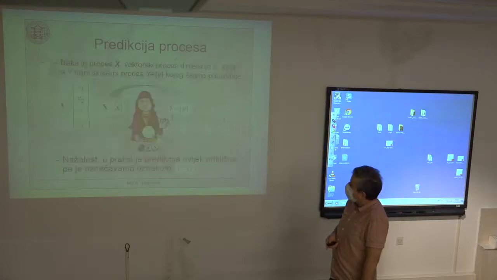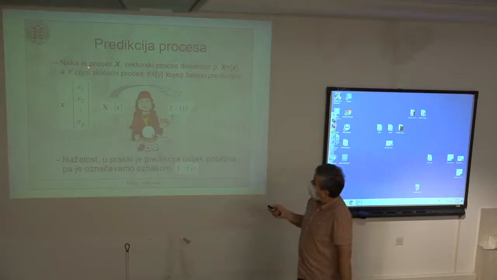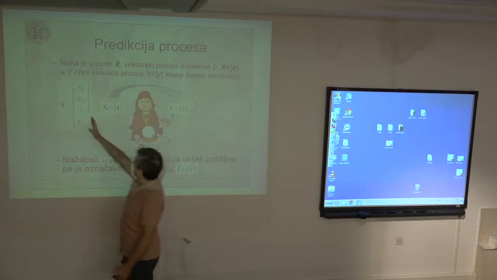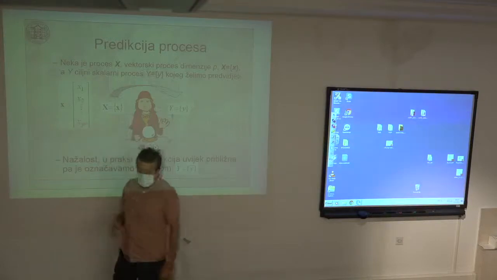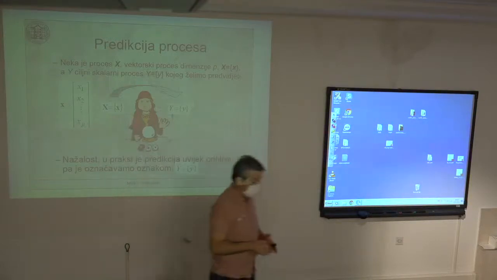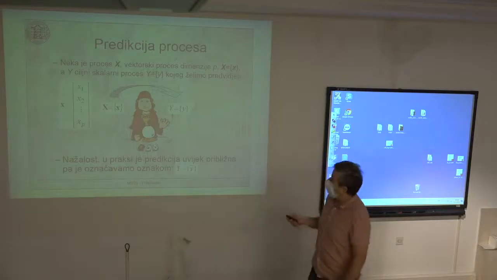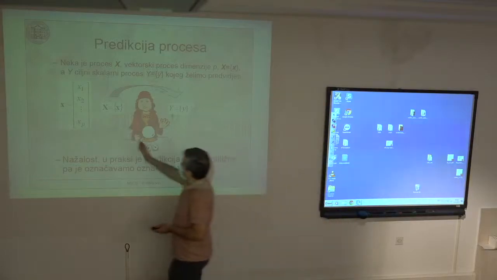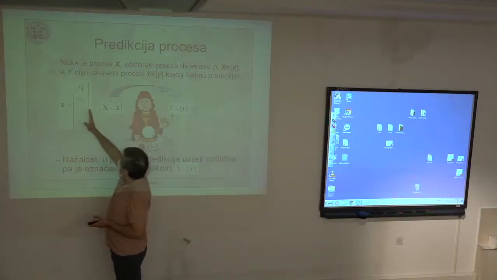Okay? And what we have here is, let's assume we have a vector process, capital X, and this vector process consists of many such vectors, x1, x2 to xp. This p is the dimension of this vector, so we have p components, x1, x2 up to xp. And these vectors are drawn from some distribution.